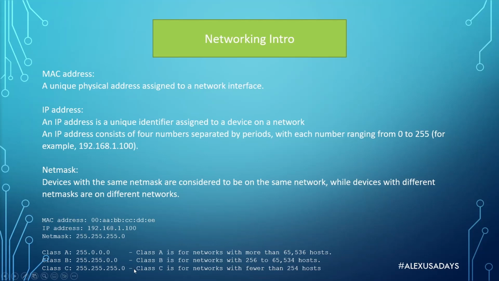That means that a Class C network will have fewer than 254 hosts, or fewer than 254 devices, right? So the first one starts with 0 and then the next 254 devices. You don't need Class B and Class A if you have a small test network. Class C is enough, okay?